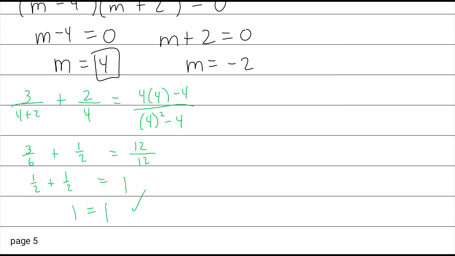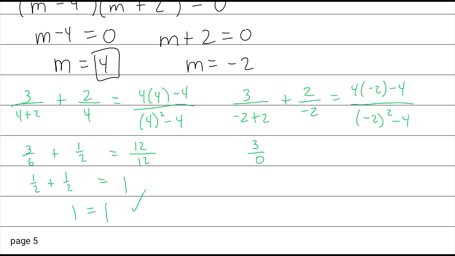Let's try it with negative 2. So 3 over negative 2 plus 2, plus 2 over negative 2, equals 4 times negative 2 minus 4 over negative 2 squared minus 4. Negative 2 plus 2 is 0.